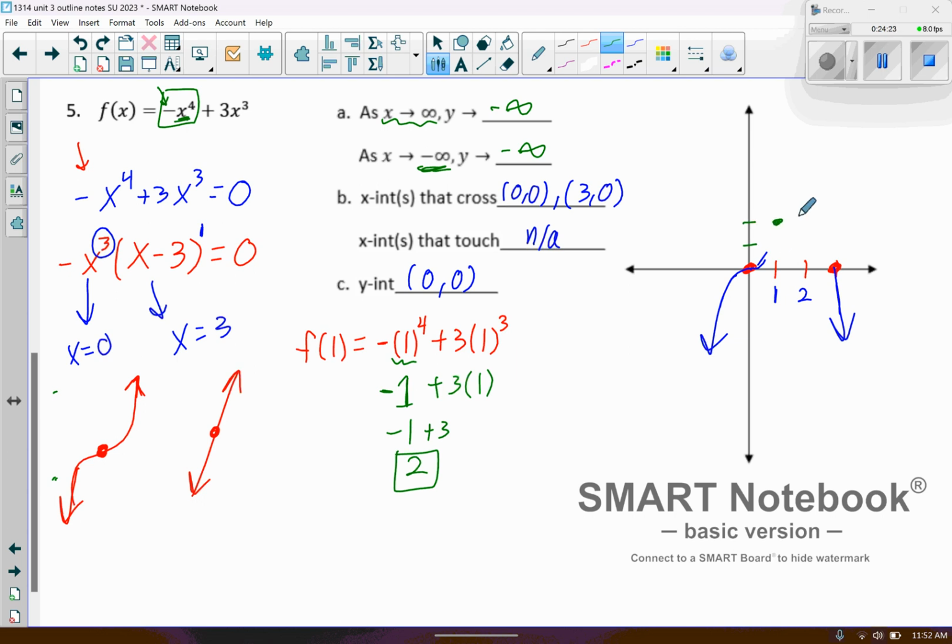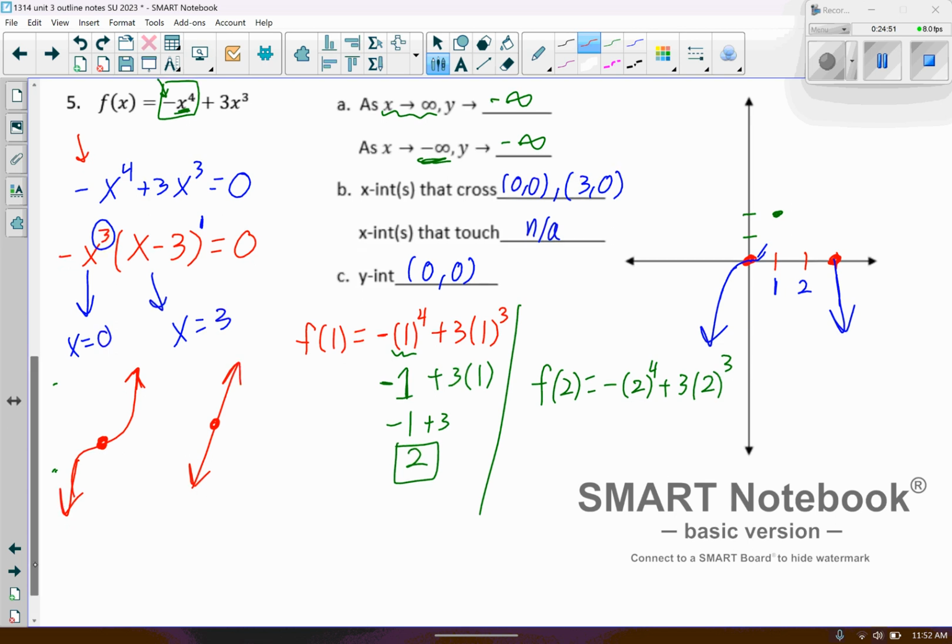Now let's figure out what f of 2 is. So f of 2 is going to give me negative parentheses 2 to the power of 4, plus 3 times 2 to the power of 3. I've got a little bit of algebra to do here.